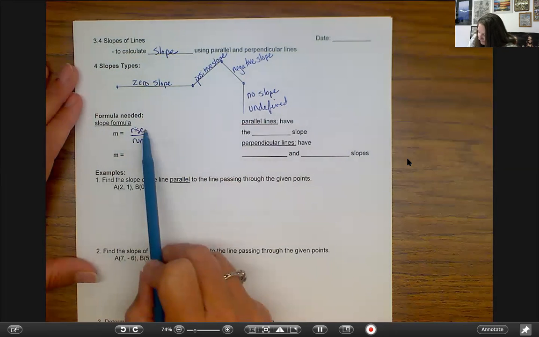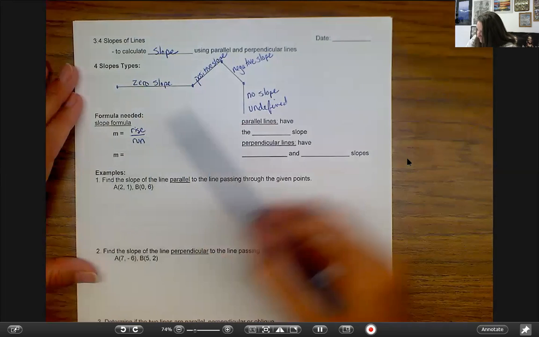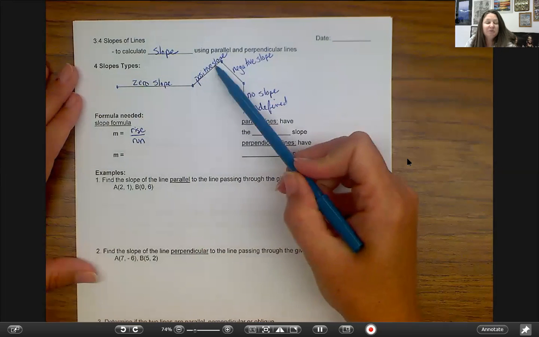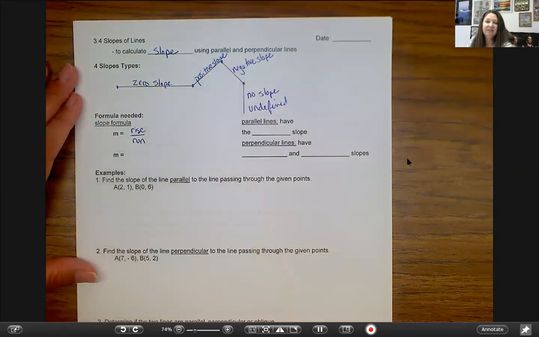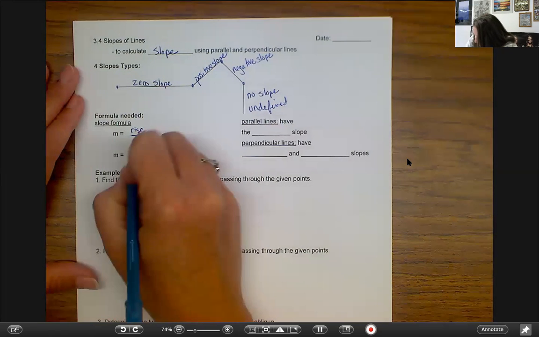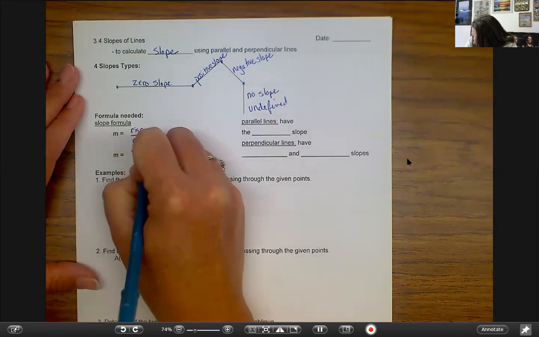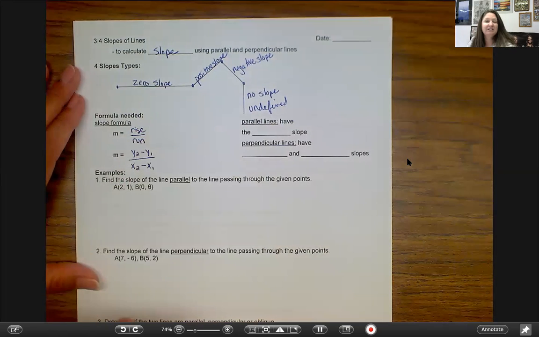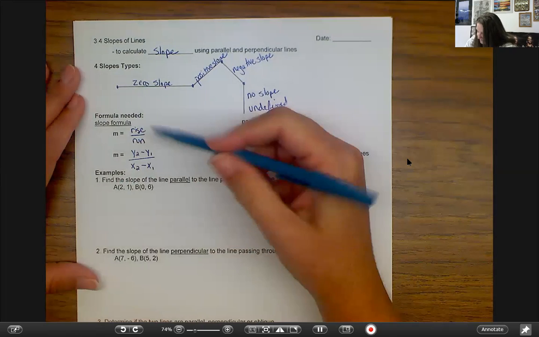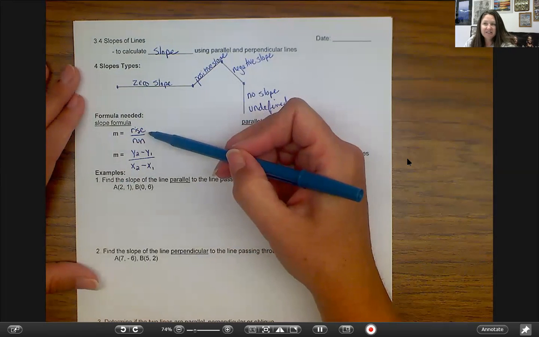Again, if this number comes out positive, our line would be going upward. If that value comes out negative, that line would be going downward. If we actually have coordinates on our graph that we are using, our slope formula was y2 minus y1 over x2 minus x1. You should see how that correlates to the formula itself.